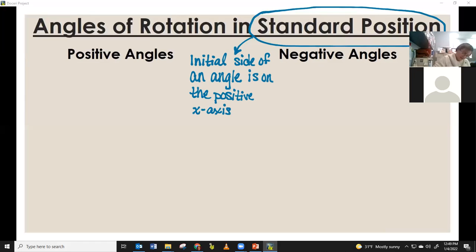And all of the angles that we are going to draw and talk about today will be in standard position.